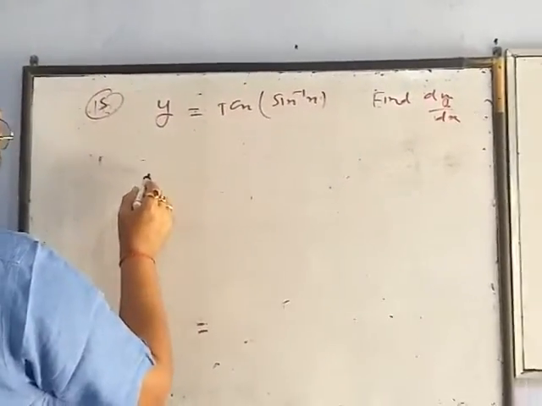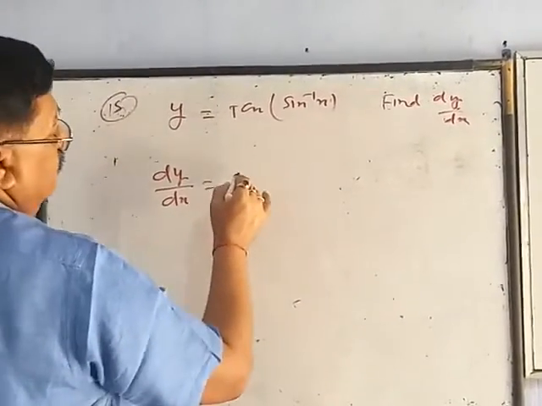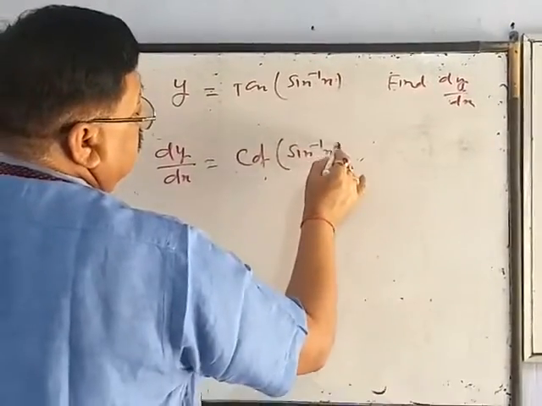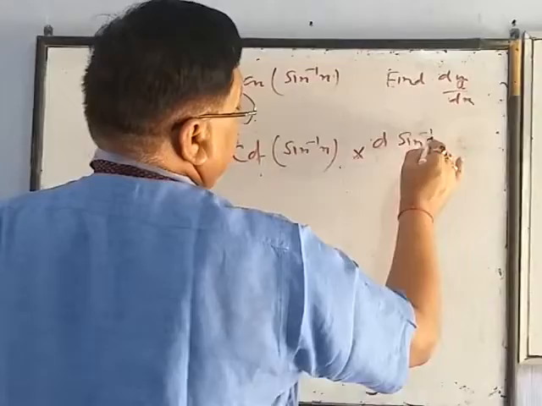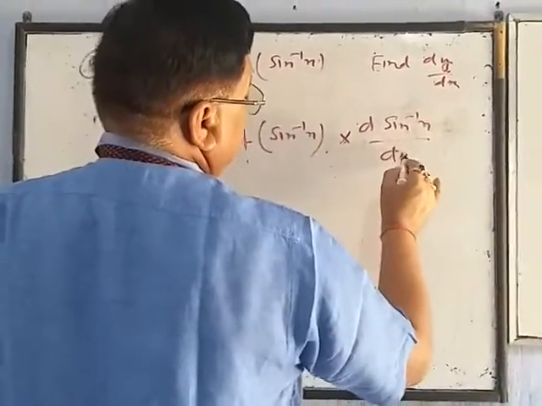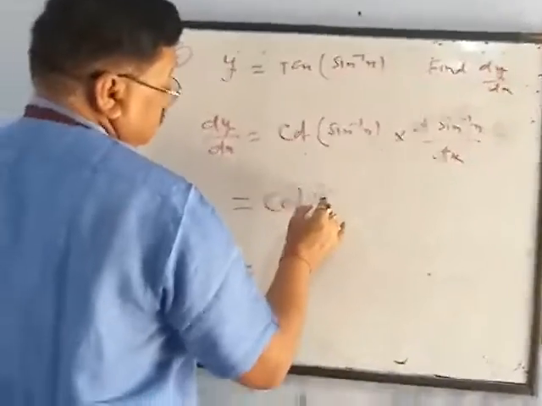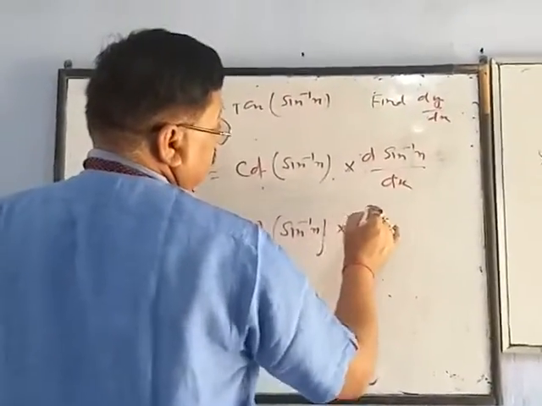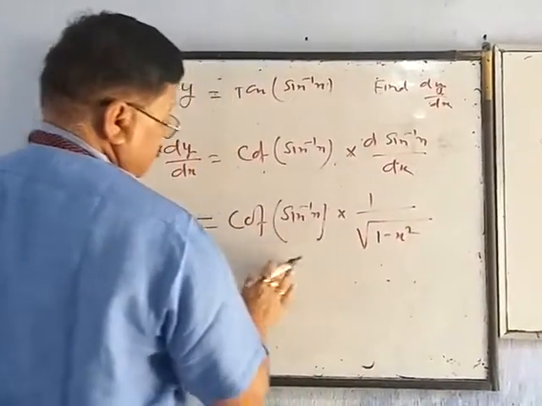So dy by dx, derivative of tan is cot sine inverse x, and d sine inverse x by dx, which will be 1 by root under 1 minus x square.